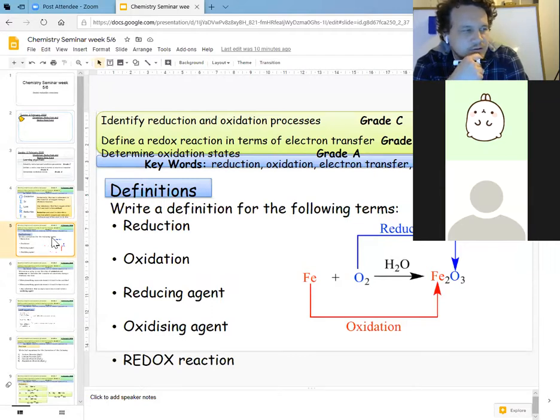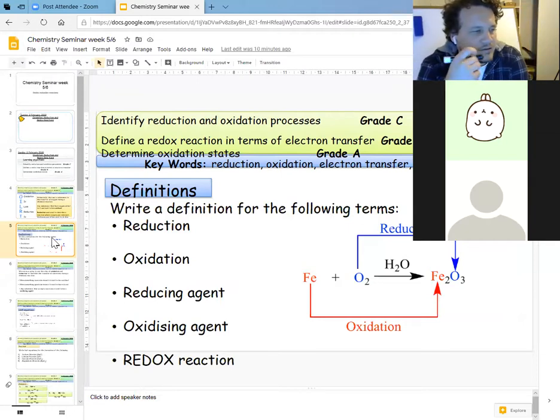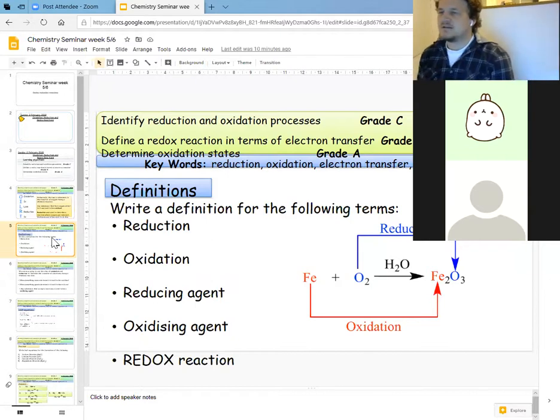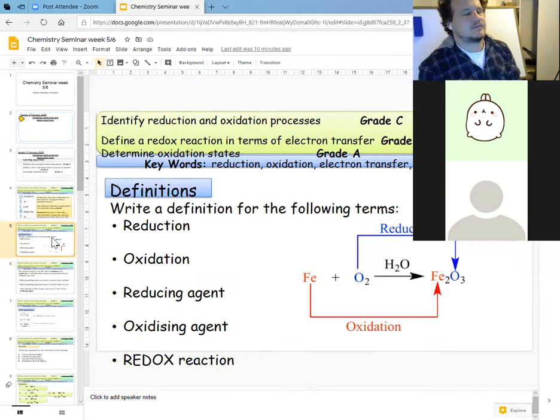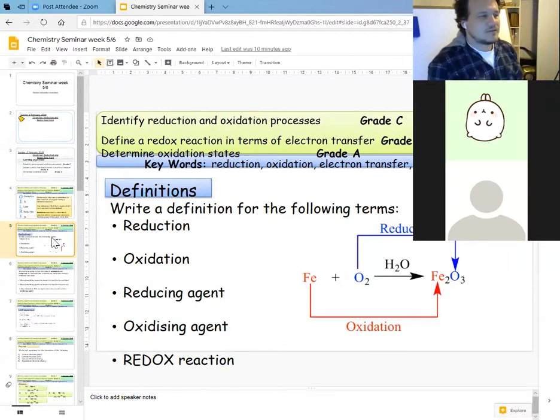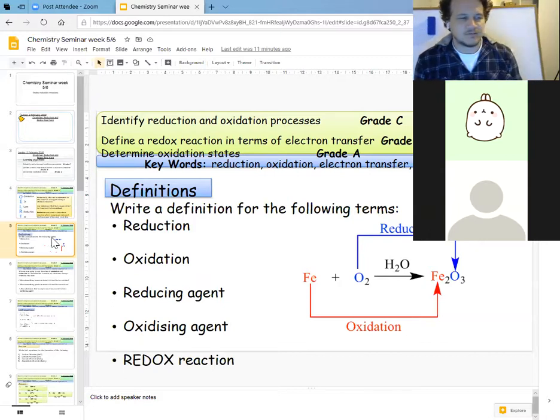So, reduction. So this is part of the tutorial questions for you guys. It's to define the following terms.